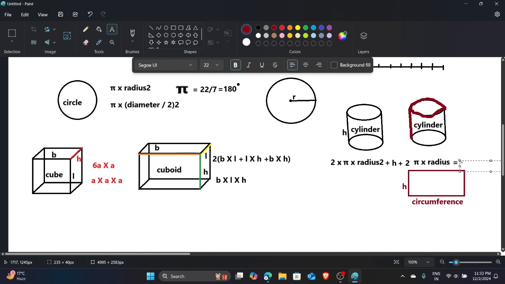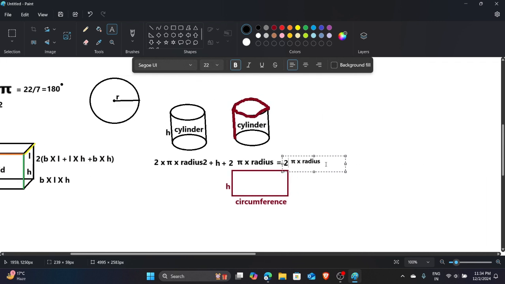So when you simplify this formula, 2 is common, pi is common, and radius is common, and then the remaining portion. What is remaining now?